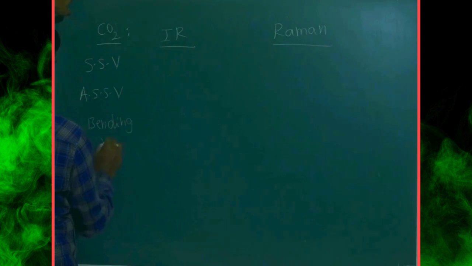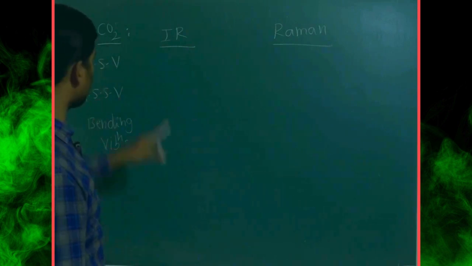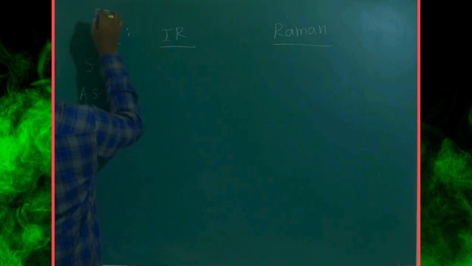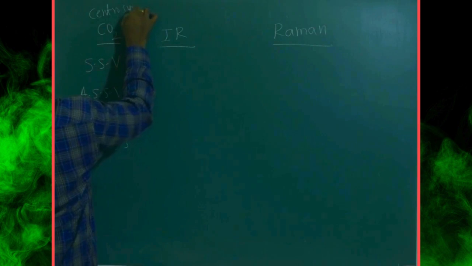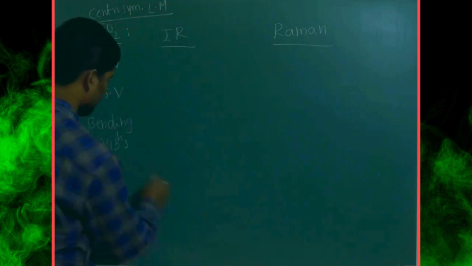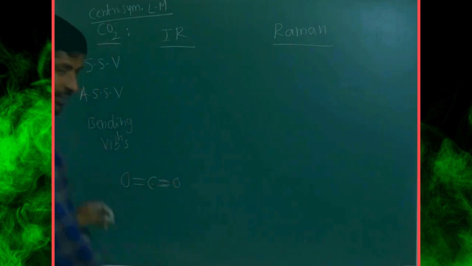Bending vibrations are degenerate, both occur at the same frequency; we have two bending vibrations for CO2. Which type of molecule is it? CO2 is a centrosymmetric linear molecule. Center of inversion is present.